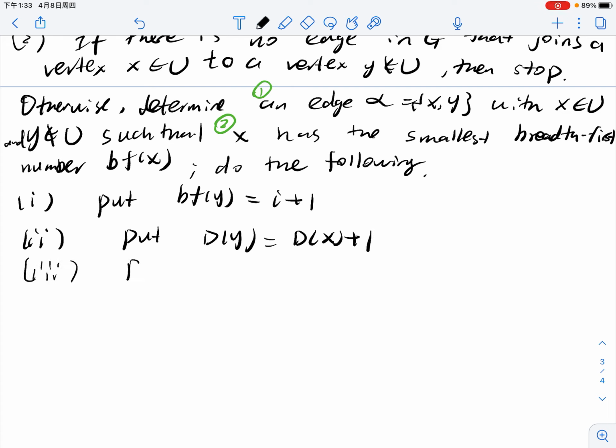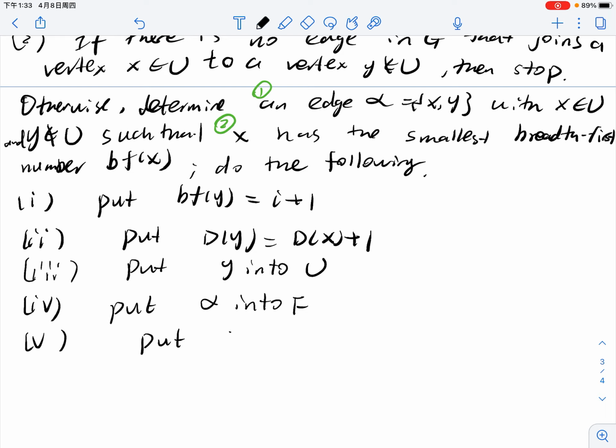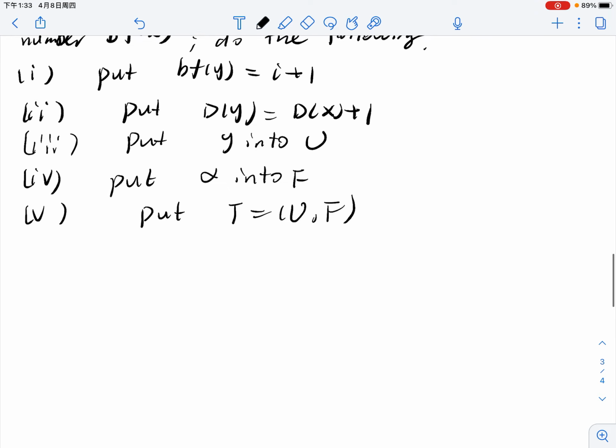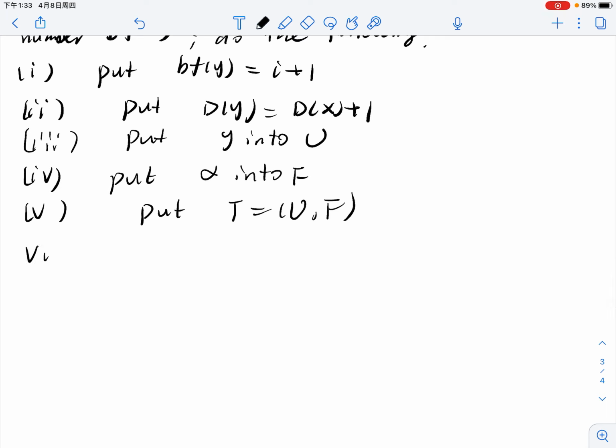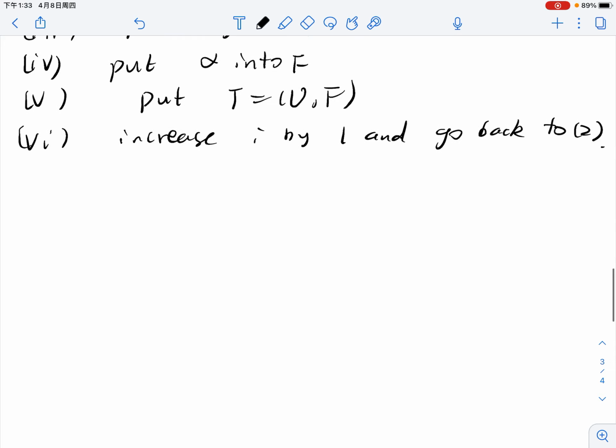Thirdly, put y into U. We are increasing the tree, and then put alpha into F, then put T equals to UF, and lastly, increase i by 1 and go back, repeat 2. Okay, then finally the output will be a spanning tree, and we need to prove this.